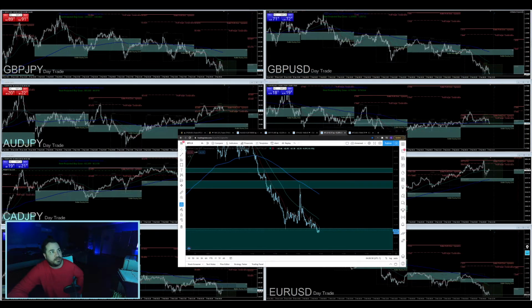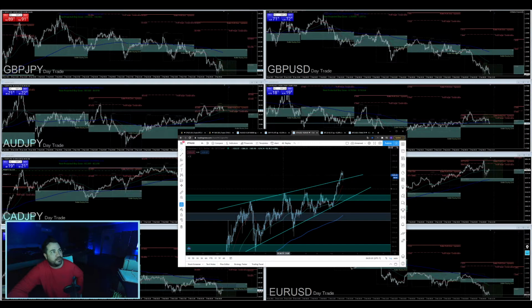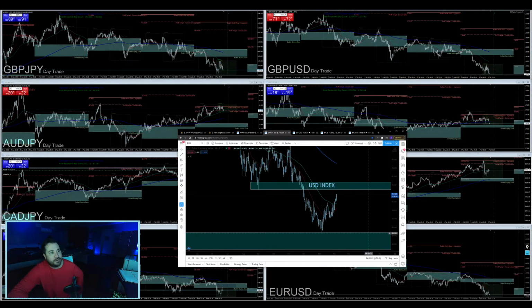Okay, let's go ahead and take a look at Ethereum, we already looked over that. Here we go. Now this right here broke, this right here broke, and now we have our resistance right up here. So we're getting closer to our zone where we wanted price to come up and start getting rejected from. Now it can come all the way up.